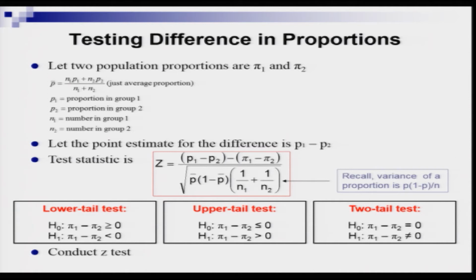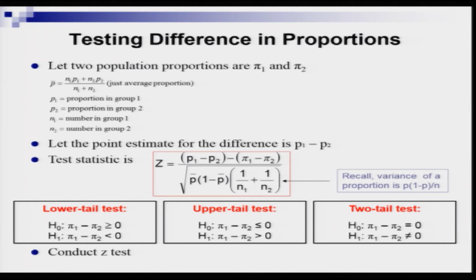So, now as there are n 1 and n 2 number of observations in two different groups respectively, you take weighted average, and then you get the overall sample proportion p bar, and then once that is calculated, you now define your point estimate for the difference, and now you define that to be p 1 minus p 2, and next you decide on the test statistic, and then you have the complicated z formula.